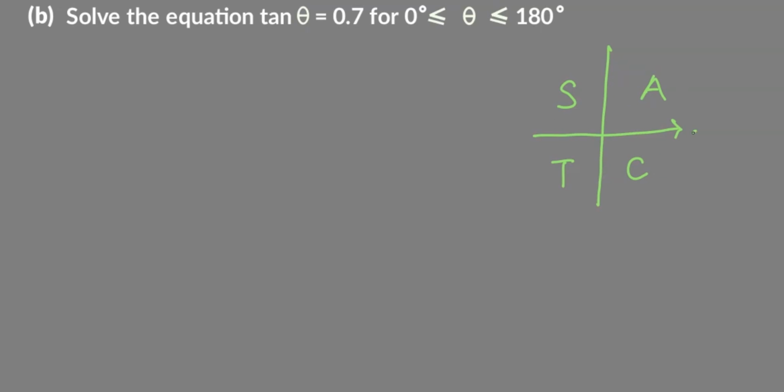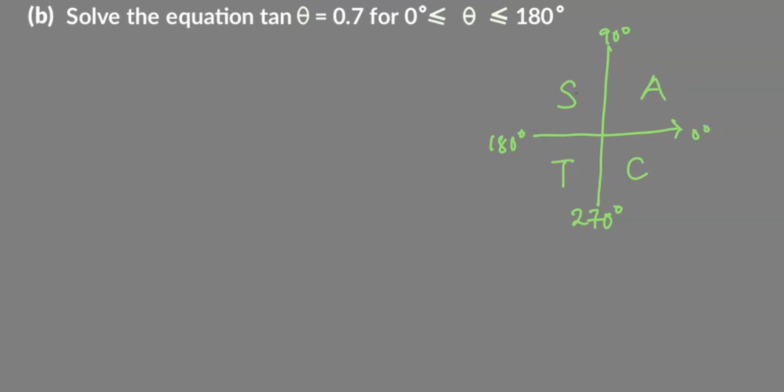Very important to remember your angles here, and we've got 180 degrees, 270 degrees here. So in this question, positive values for tan theta only exist if theta is between 0 degrees and 90 degrees, or theta is an angle between 180 degrees and 270 degrees.